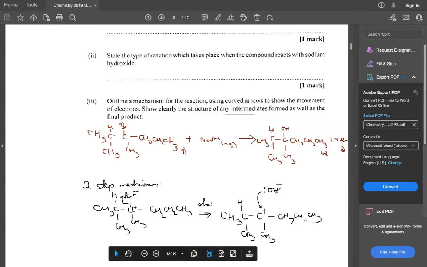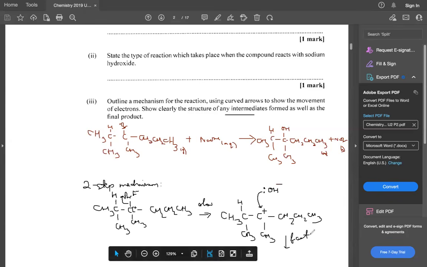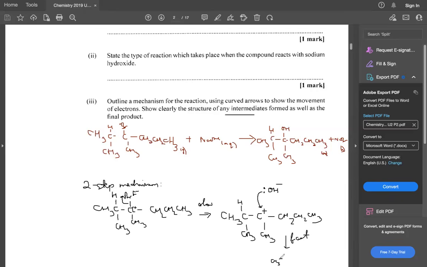That's my other step now. This is a fast step. After the nucleophile comes in and attacks this positive carbon, we end up with all of that in a fast step. So this is our fast and final step. We're going to get CH3, CH, and there's a CH3 attached to that as well.